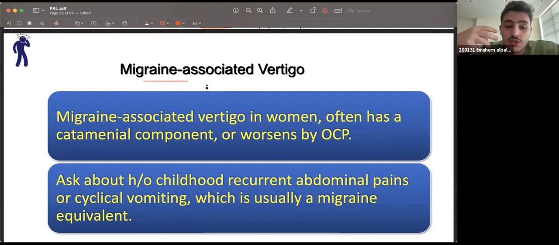So you have lacrimation or sweating and so on. And this is how you tell the difference between the 3 types of headaches. Now, usually with migraines, you can get vertigo. So the patient will come to you with head pain, okay? And with a headache and vertigo, this is more likely to tell you that it's a migraine associated.